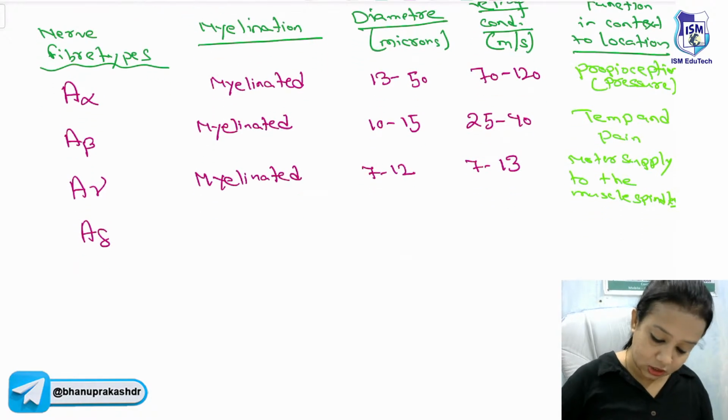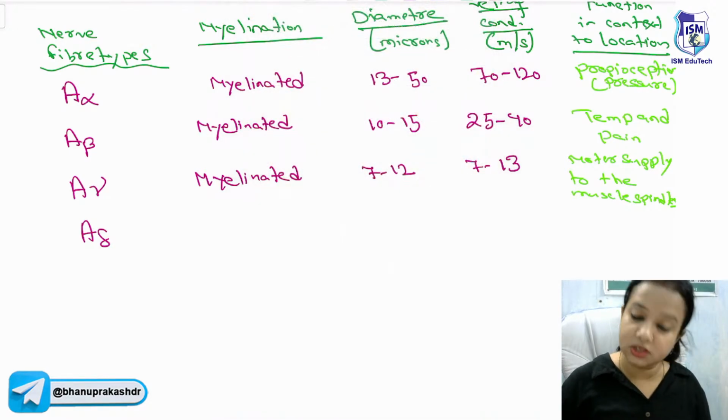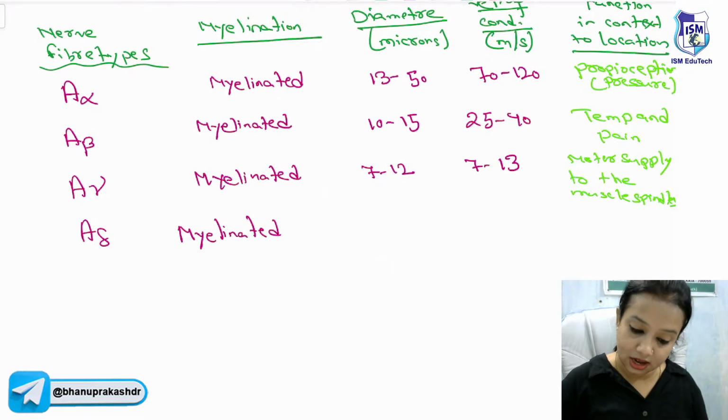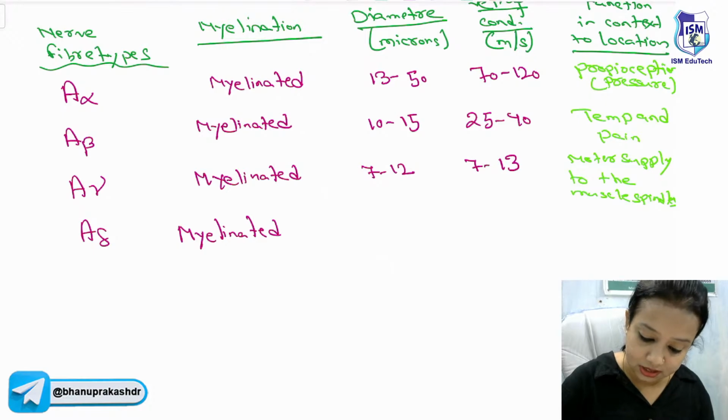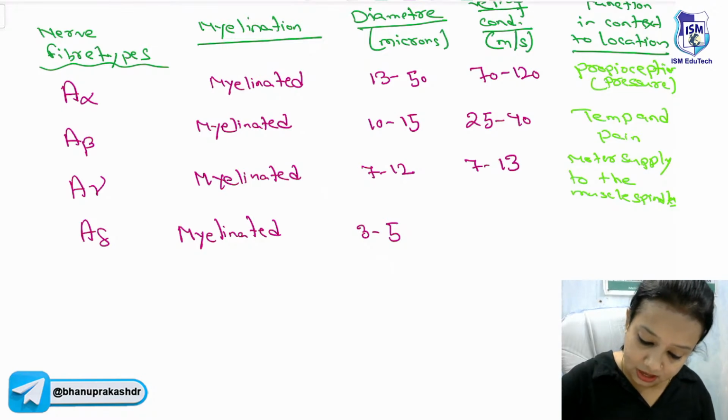Next we have the A delta. The A delta is myelinated obviously, but not heavily myelinated, and its diameter is further less, about 3 to 5 microns, and the velocity is even less, which is 2 to 4.